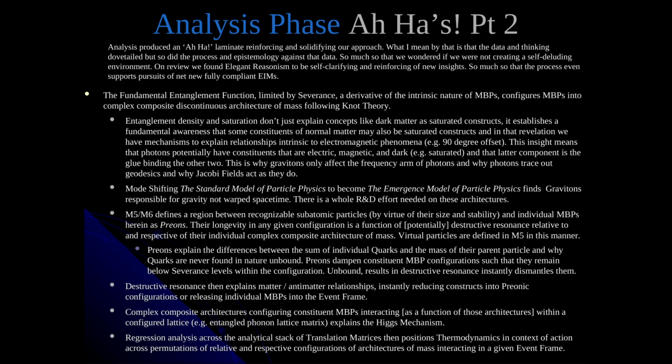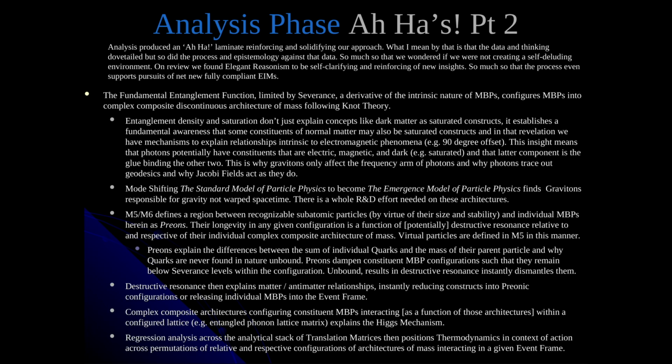And if you look at the sum of the masses of preons relative to the sum of the parent particle, in this case either protons or neutrons, you'll find that that parent particle has a mass hugely greater than the sum of the quark masses.